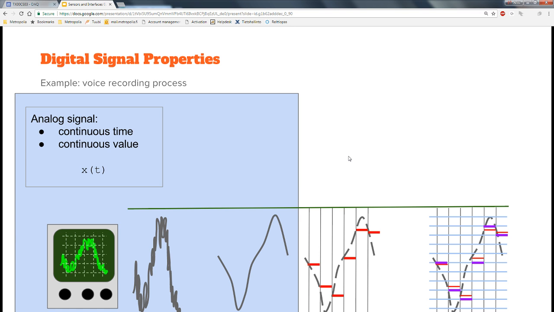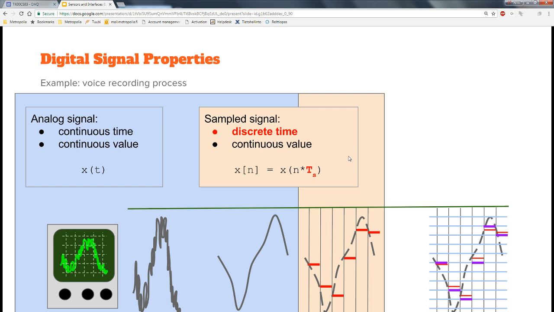So basically it looks something like that. A sampled signal, by value, is the same as the original. In this case it would be analog, meaning any value but discrete time. Now we have just the samples at certain times.